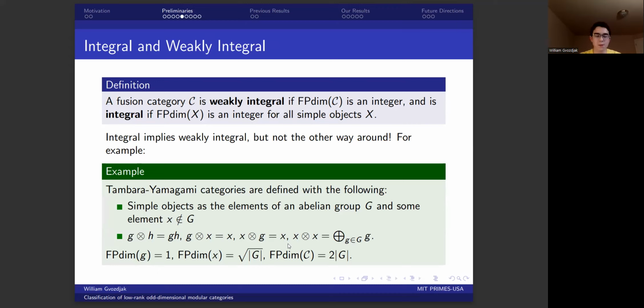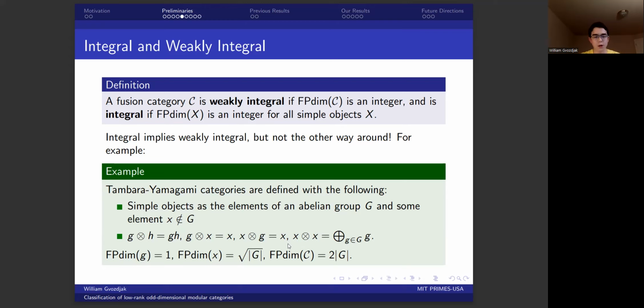And it's easy to see this because we define the Frobenius pairing dimension of C as the sum of the squares of the FPDIMs of all the simple objects. So if all the FPDIMs of the simple objects are integers, then we know that the FPDIM of C is also an integer. But one thing to remember is that if a fusion category C is weakly integral, it doesn't necessarily imply that C is integral.